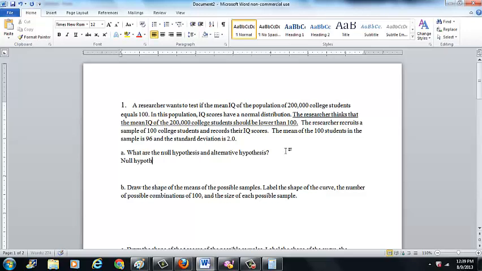What's the null hypothesis? In a one-sample t-test, this is another one-sample t-test, because you're testing if the mean of the population equals a certain value.